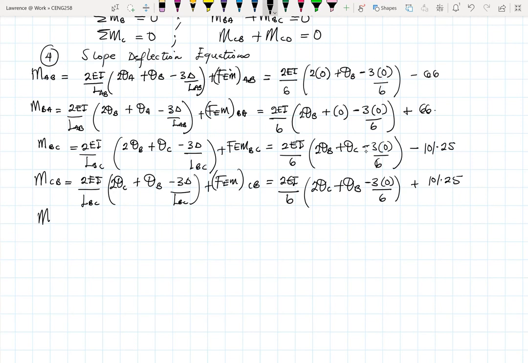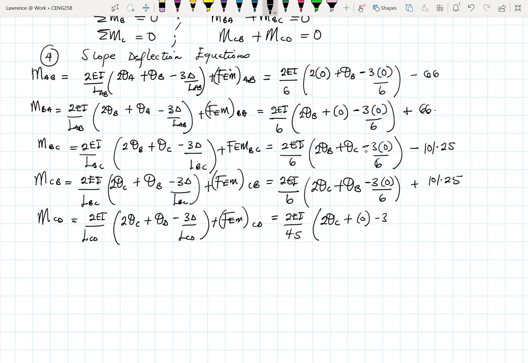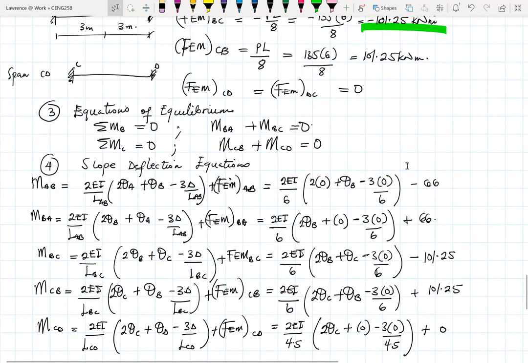We have MCD over LCD. Now we have 2 theta C plus theta C, EI over delta C, but then the equation delta is also equal to 1 funny looking 4.5 plus 0. The fixed end moment at CD, we saw that to be 0. Okay, so that is 0 right there.